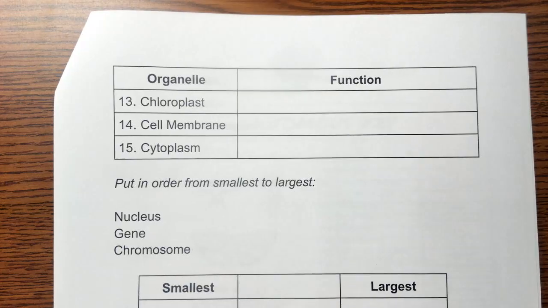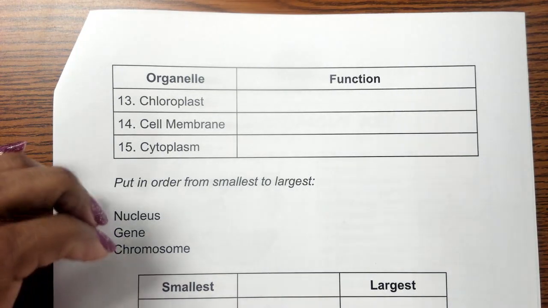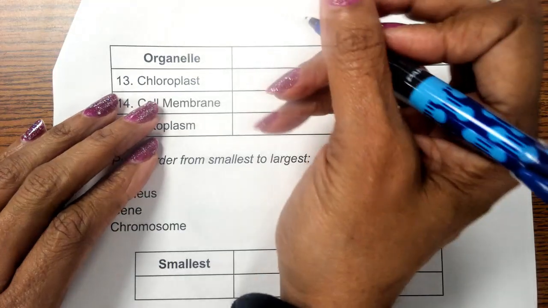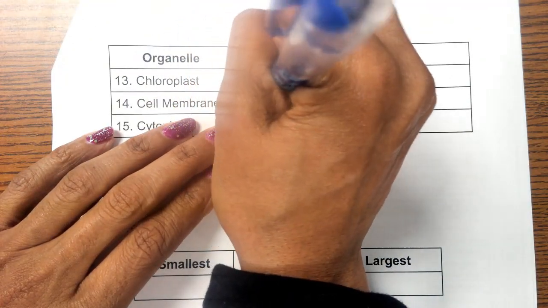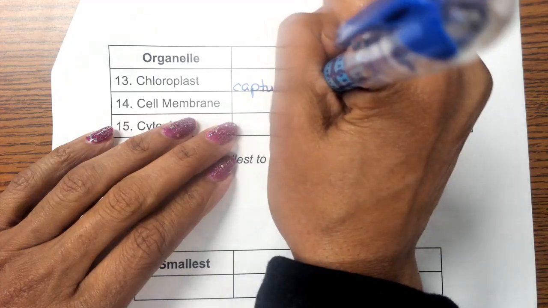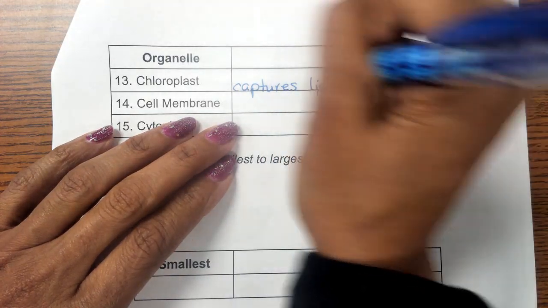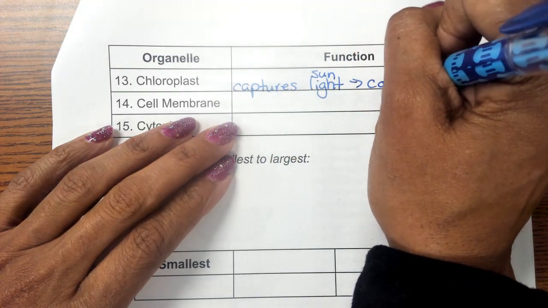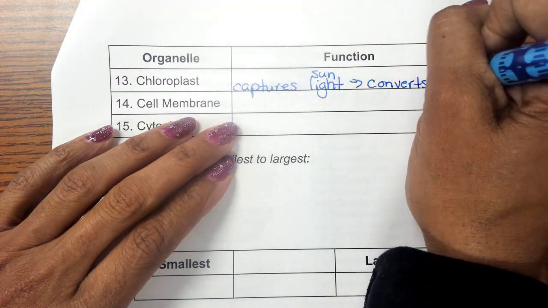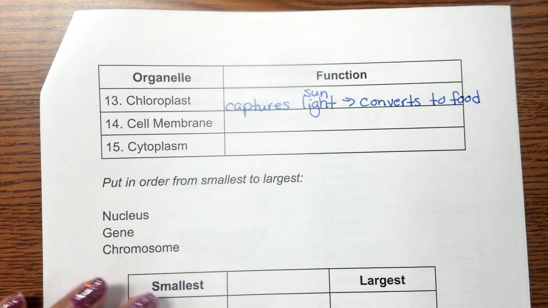This is the function, and I just went through the function of all of these as I labeled it, but we're going to write it out real quick. Chloroplast, it captures sunlight and converts it to food for the plant. And again, chloroplast is only in your plant cell.